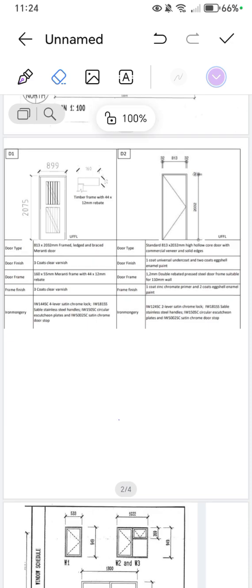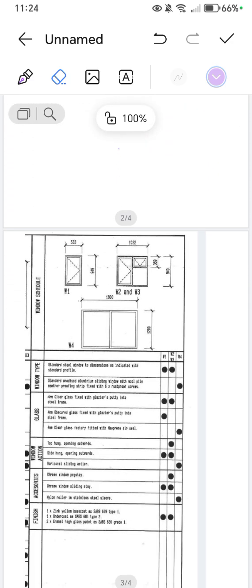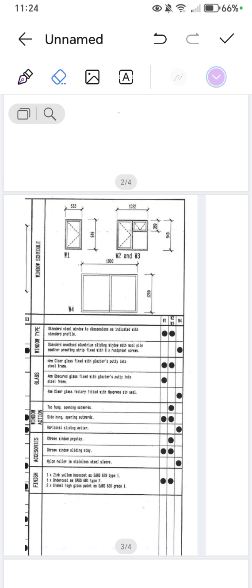Then with the windows, you have to know the following. You have to know the window type. Then also you have to be able to specify the type of glass that was used on the window. And also the finish.